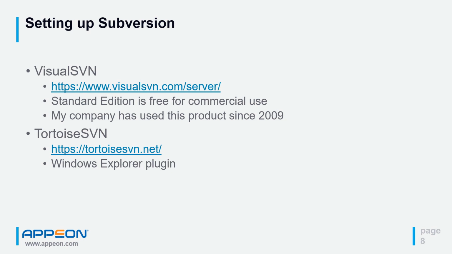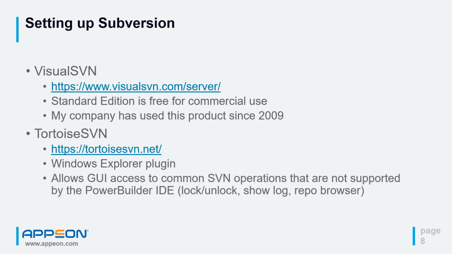And instead of, once again, going to a command line and issuing commands to get those operations done, Tortoise SVN allows you to navigate into your source code using Windows Explorer, and then right-clicking on an object, the Subversion options become available, and you just click on the ones you want, and you just GUI navigate through all the different Subversion options. So that's the other thing you're going to want to install on each of the developers' workstations.